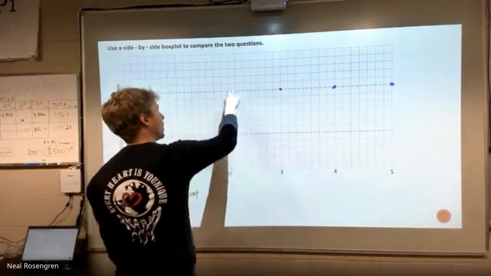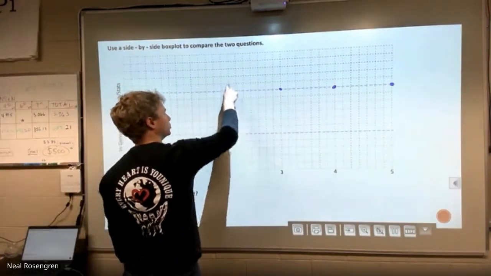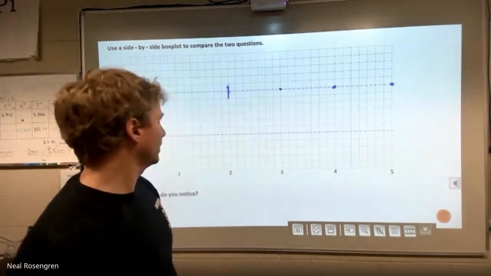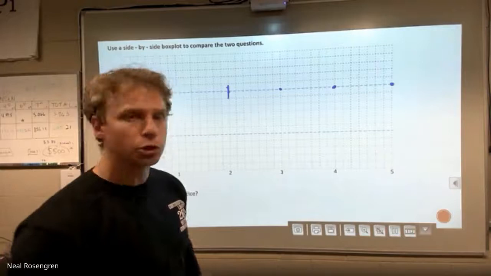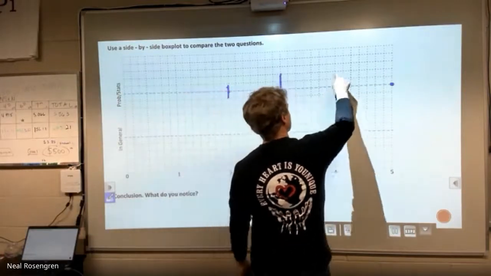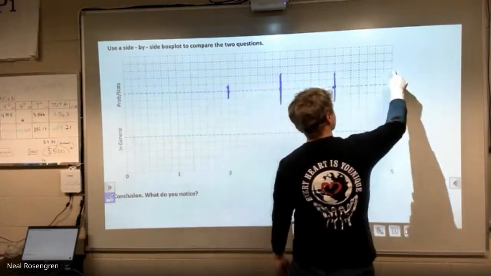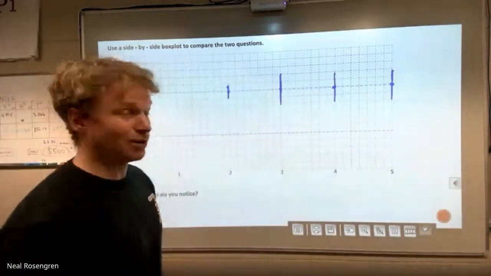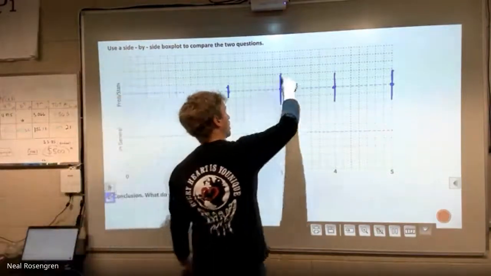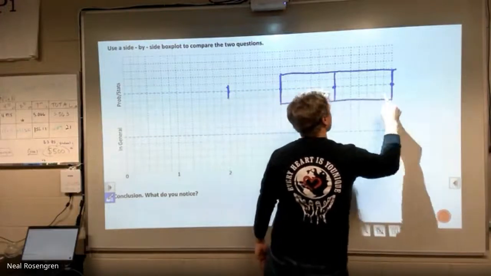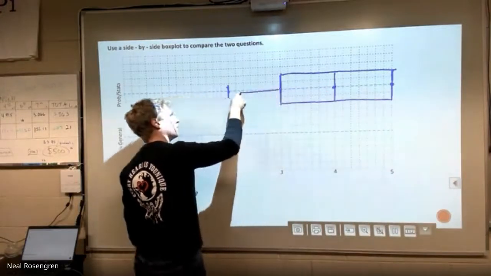So we'll go up and down 2 boxes here, up and down 2, up and down 2, up and down 2. And where's my max? There it is at the edge of this box. Across the top, across the bottom, and then extend out for that whisker.